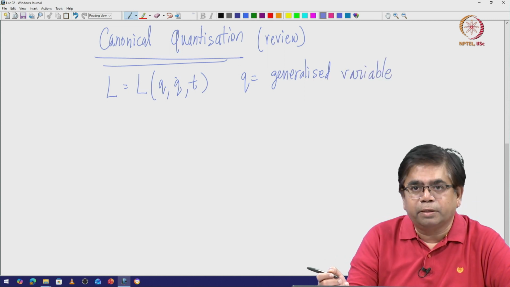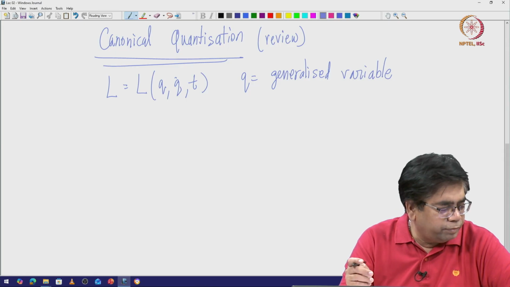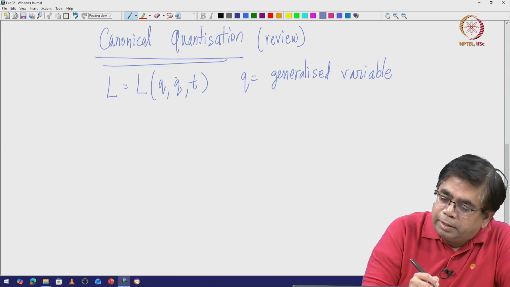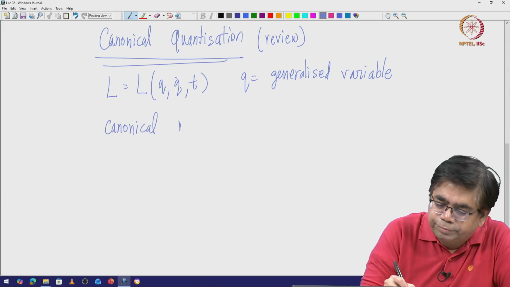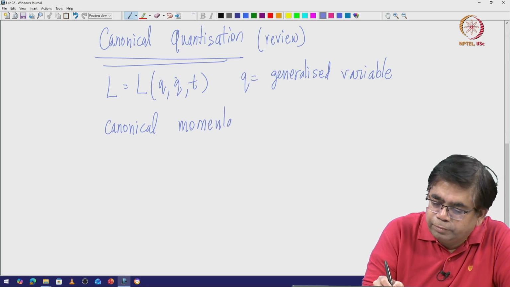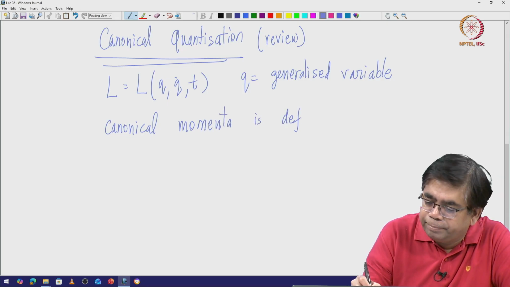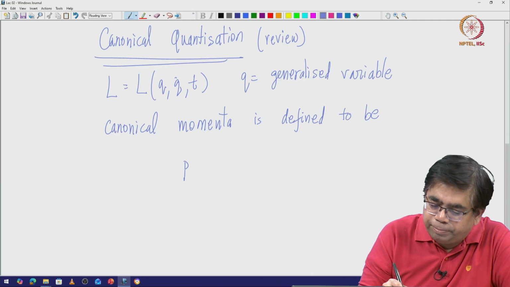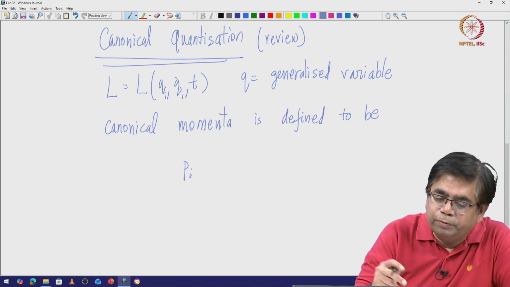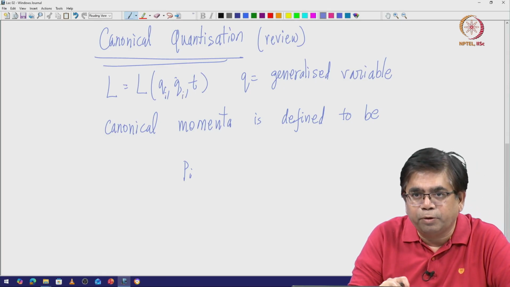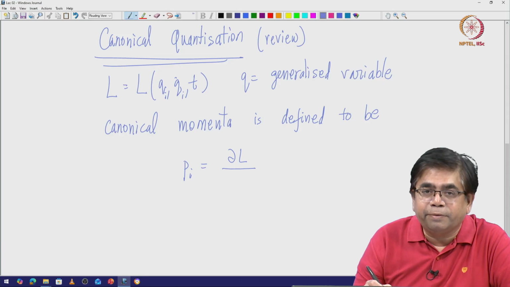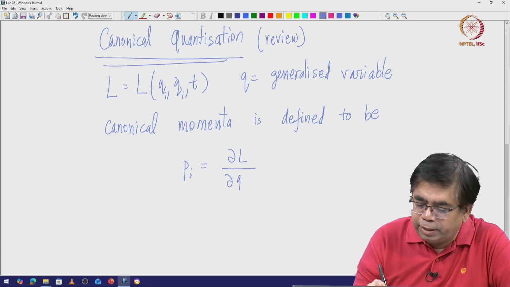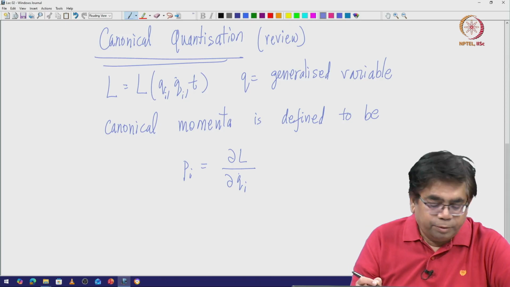Which we will also call the canonical variable, and the canonical momenta of this variable is defined to be p_i. You can have n number of q's. L is a function of q dot and t, which is the Lagrangian, and p_i is the partial derivative of L with respect to q_i dot.